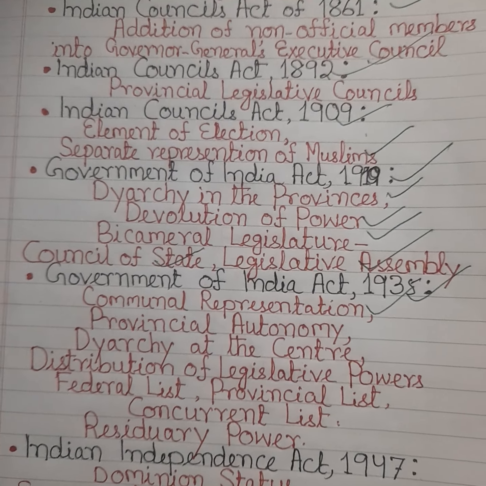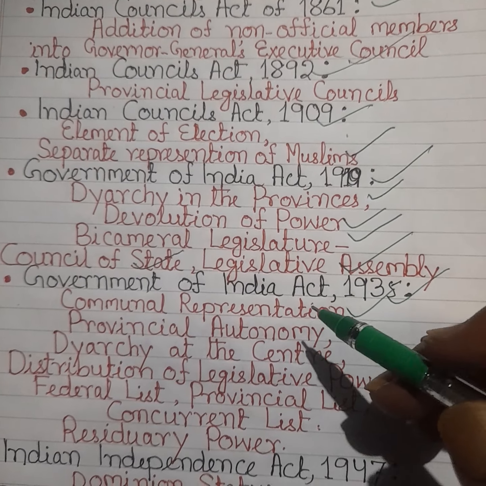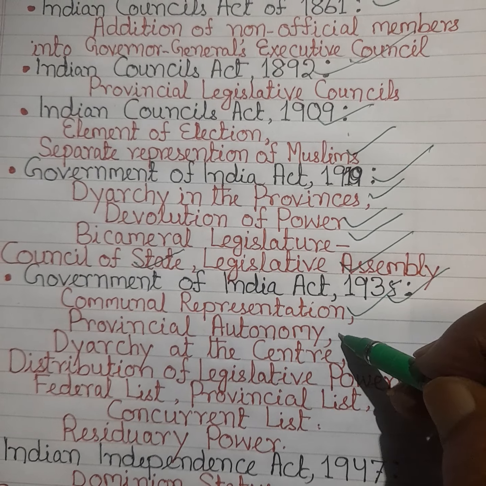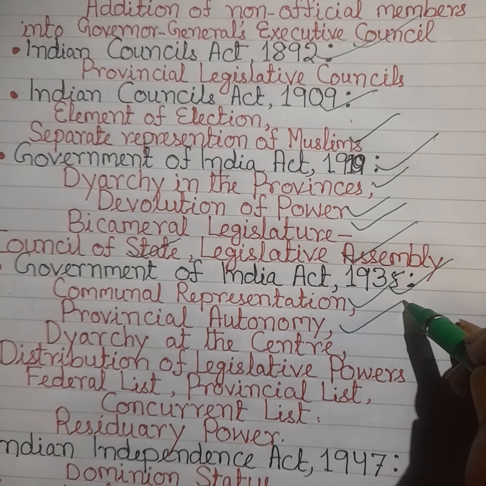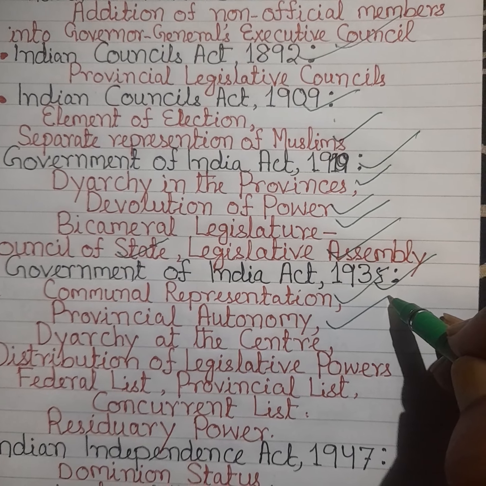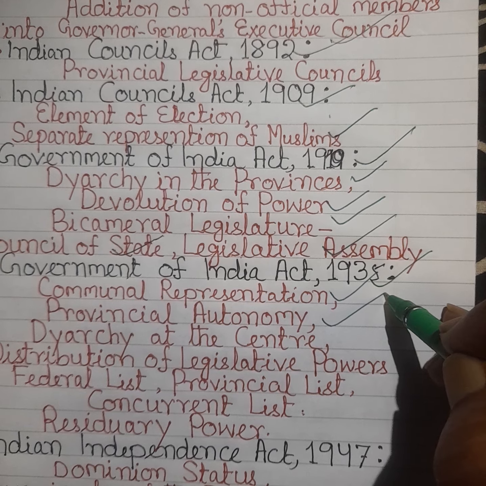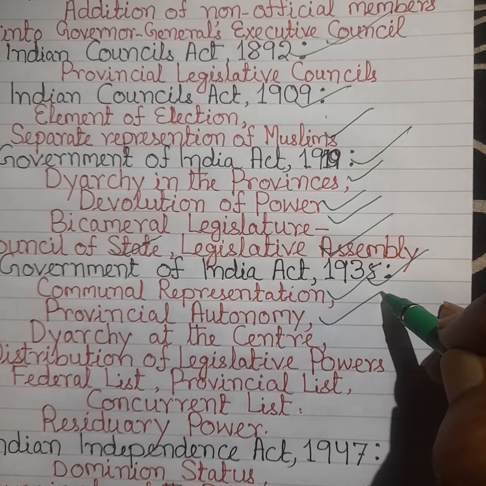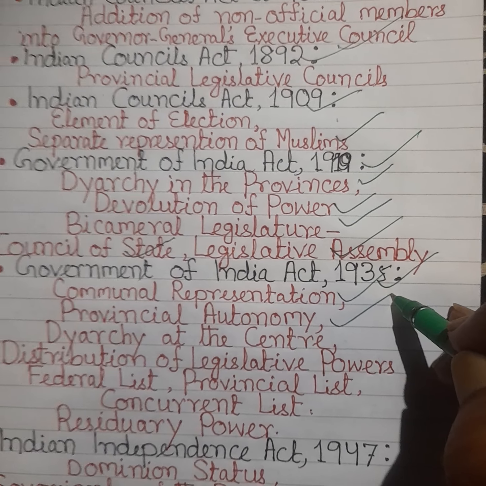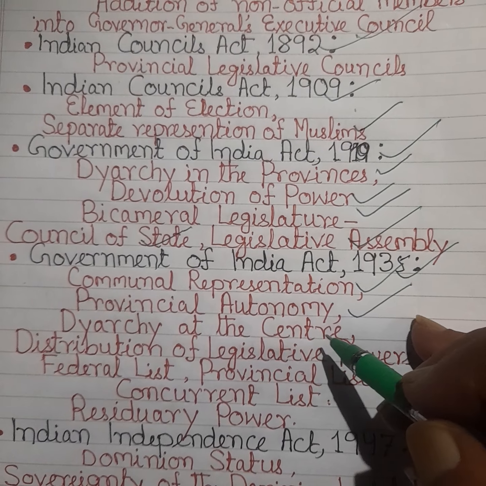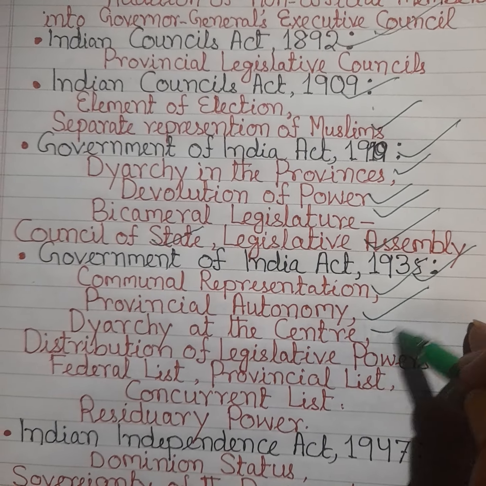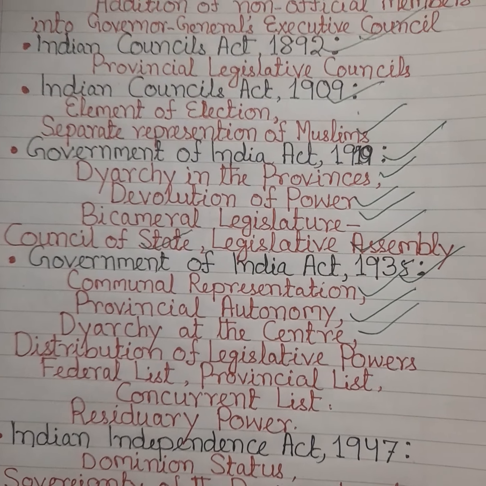And besides that, it also provided provincial autonomy. So, provincial autonomy to the provinces under this act was given effect since April 1937, and also there was the introduction of diarchy at center.